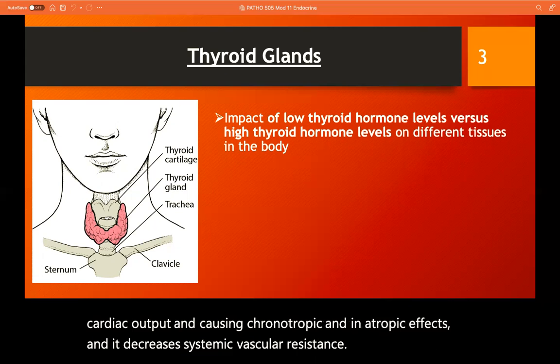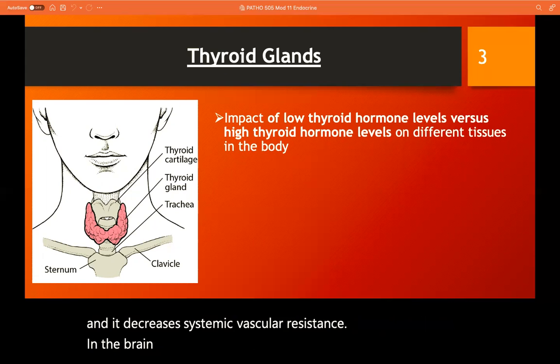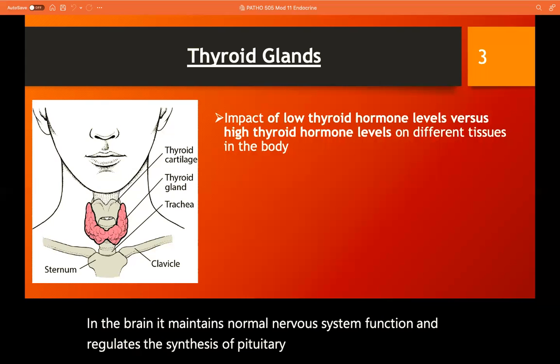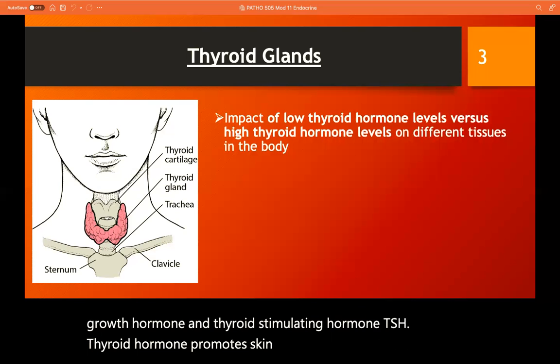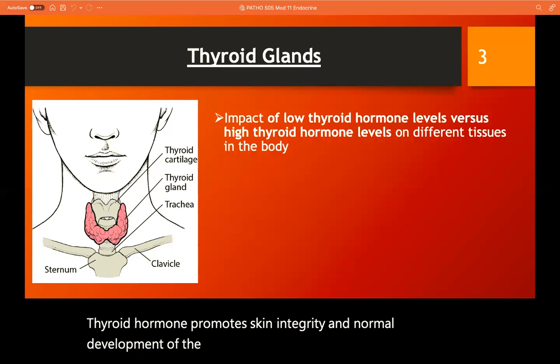In the brain, it maintains normal nervous system function and regulates the synthesis of pituitary hormones such as growth hormone and thyroid stimulating hormone, TSH. Thyroid hormone promotes skin integrity and normal development of the nervous system.